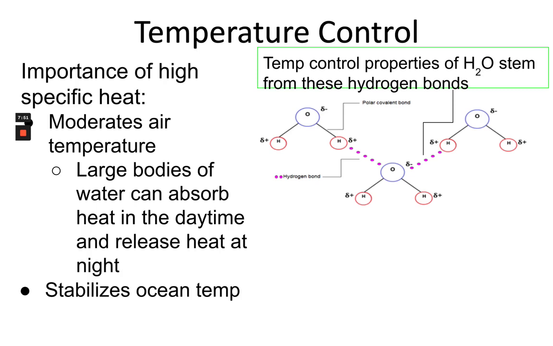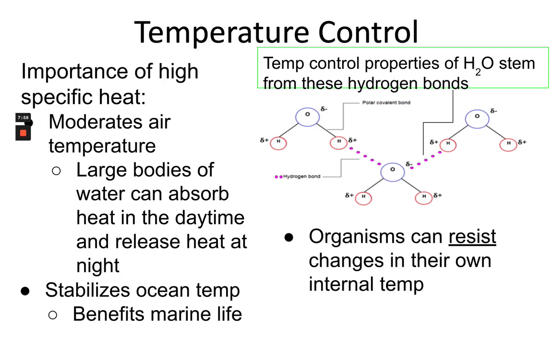This stabilizes the ocean temperature, which benefits marine life, but is also important for us as humans because we're water-based. We, amongst other organisms, are water-based, and so it allows us to maintain homeostasis as far as temperature goes because it helps us to control our internal temperature.